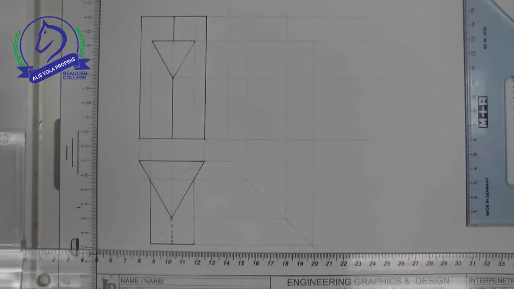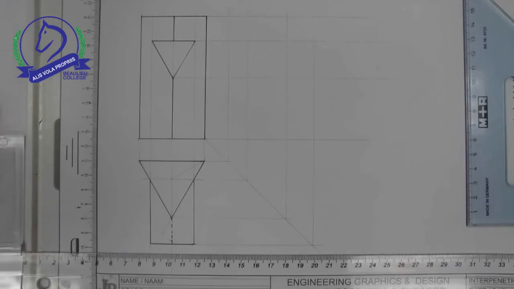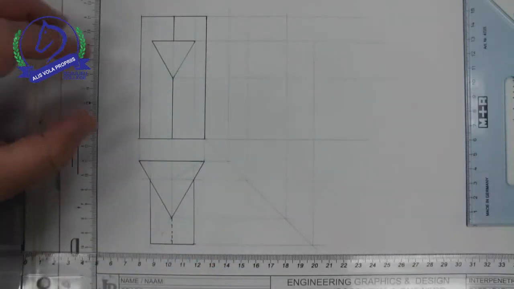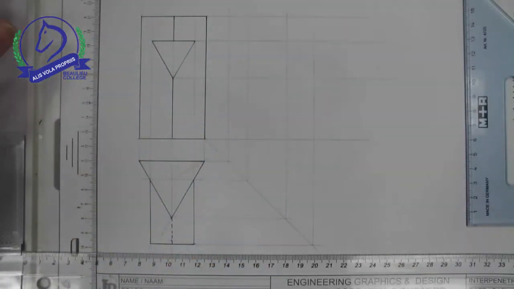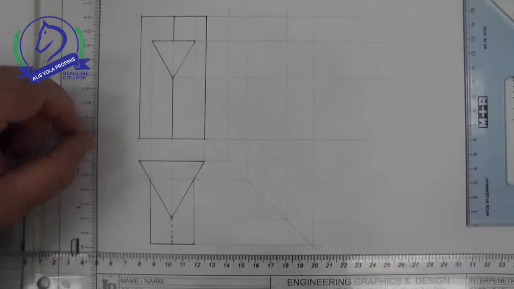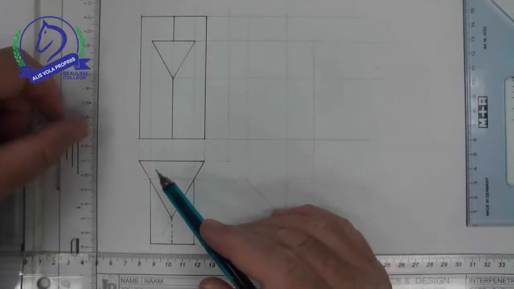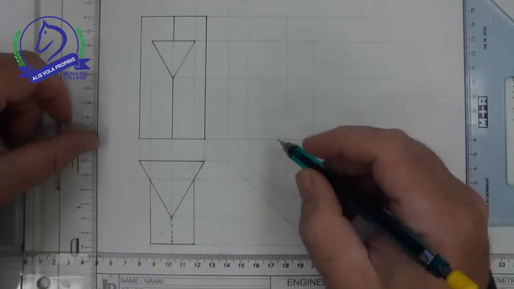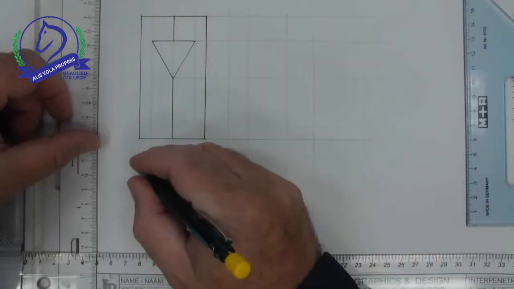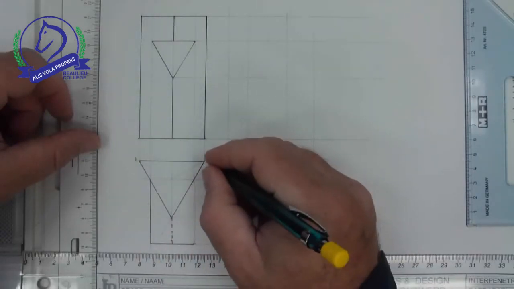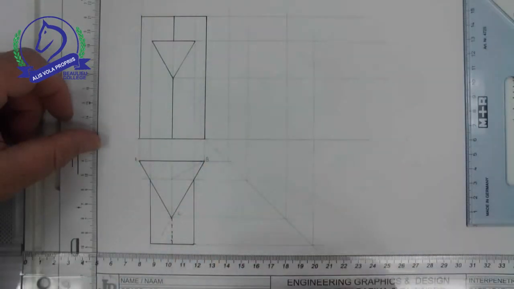So at the moment I've projected all my lines across to the 45-degree line and up, and I've projected my height dimensions. So what I'm going to do now is just look at my outside triangle, my main triangular prism. I like to label my points, so let's call this the ABC triangle.